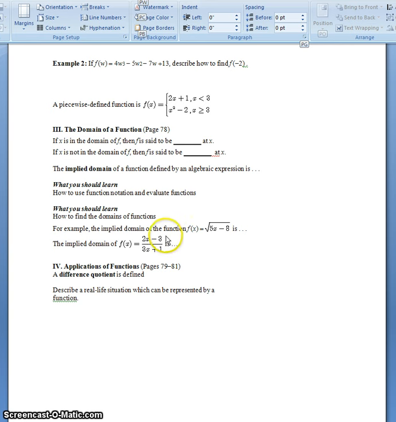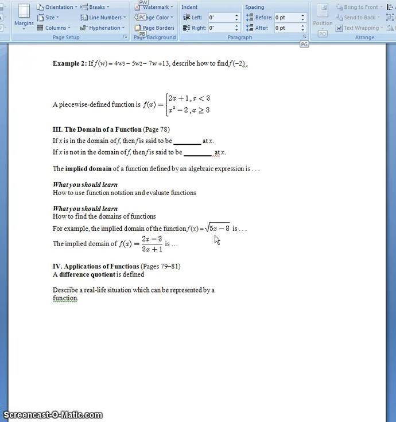So here's an example down here. F of x is equal to the square root of 5x minus 8. Your book talks about the implied domain because there is something about this that tells us x cannot be any real number. The fact is that with radicals, we're concerned about the radicand being greater than or equal to 0. 5x minus 8 must be greater than or equal to 0.